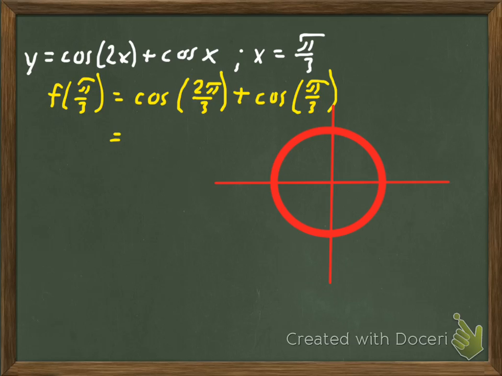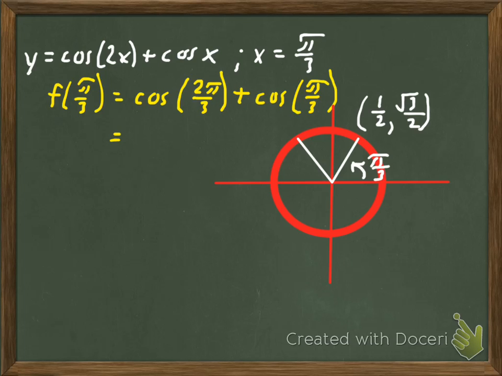Recall that pi over 3 is right about there, and 2 pi over 3, right about there. And recall that you care about the x-coordinate for that point whenever you're trying to find the cosine. The point at pi over 3 is 1/2, comma, square root of 3 over 2.